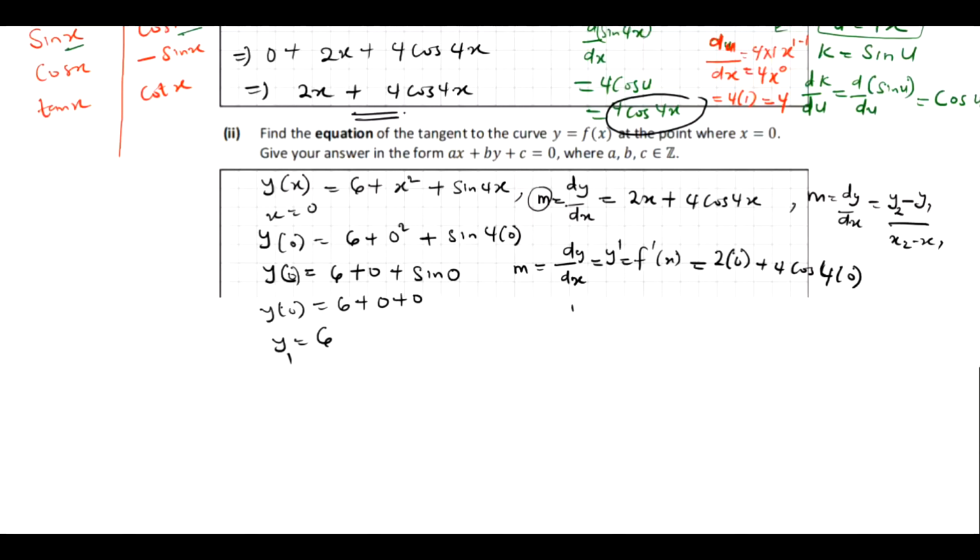Your slope is the same thing as dy over dx, or y prime of x. 2 times 0 is going to give you 0, right? 0 plus 4, and 4 times 0 is 0, so it's going to be 4 cos 0. But cos 0 is 1, so you're going to have 0 plus 4 times 1. So meaning that your m, dy dx, is equal to 4.